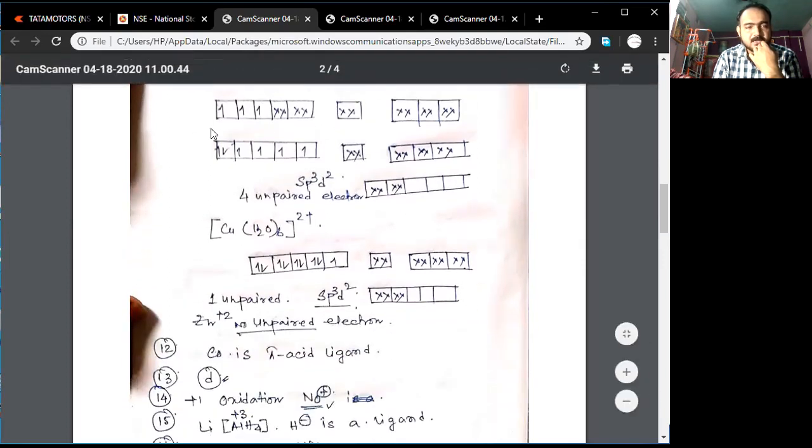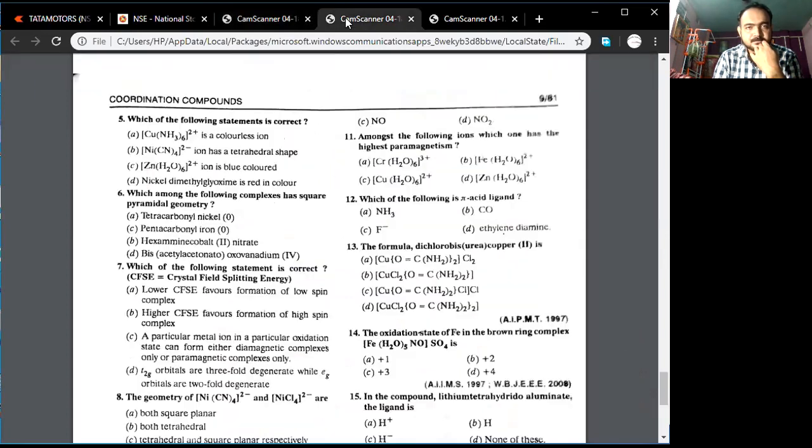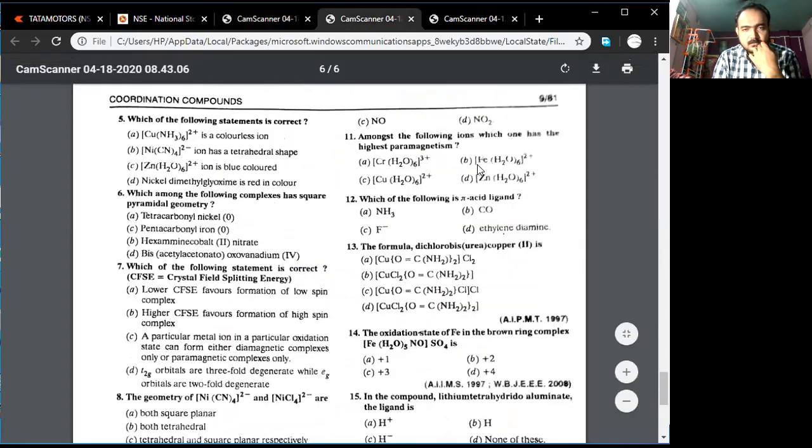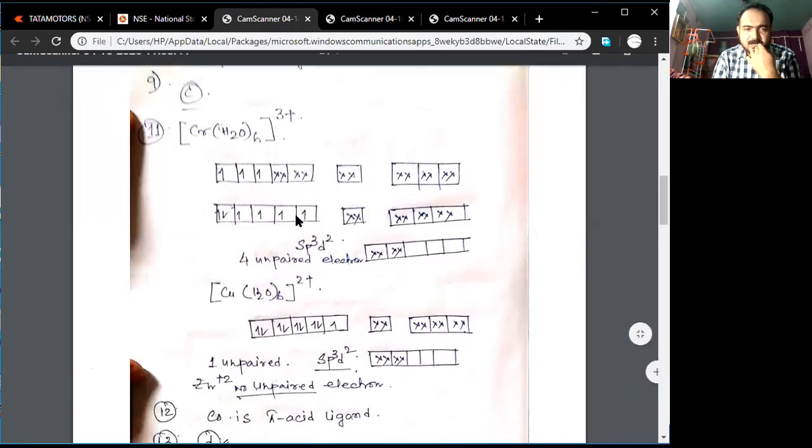In case of iron, the second one, option B, if the complex is [Fe(H2O)6]2+. In case of iron, you can see the +2 oxidation state. Iron contains 4 unpaired electrons. No forceful pairing will be done because H2O is a weak ligand.